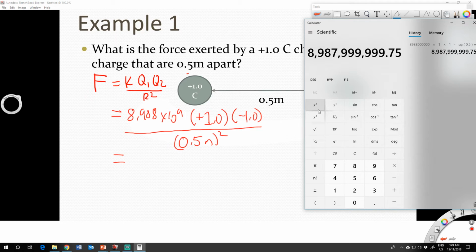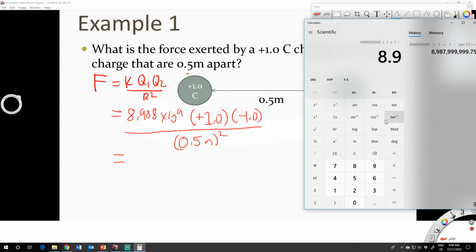And you get a force in the order of 9 billion newtons. That's oh, whoops, that's not right. I messed that up. That should be divided, not minus. Okay, let's try that again.